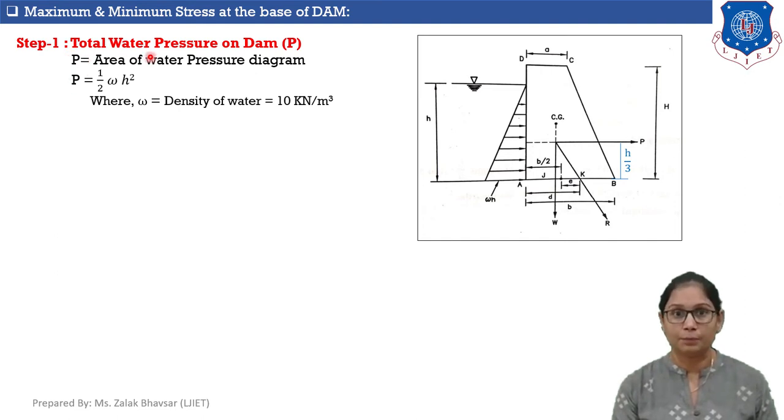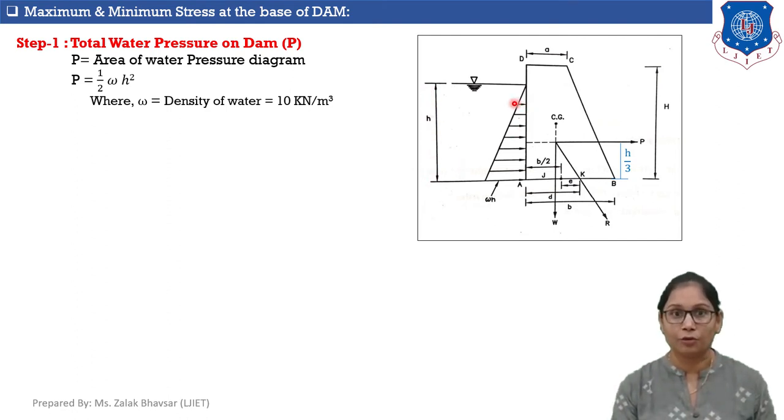So, the total water pressure on the dam is equal to the area of the water pressure diagram. Here you can see that this triangle represents the water pressure diagram. The base of this triangle is w into h and the height of this triangle is small h.